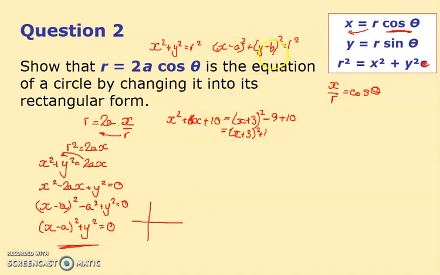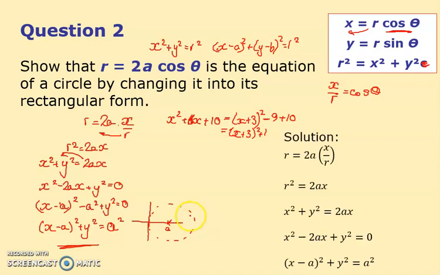It's one of these, but there's no y adjustment. So it's translated a to the right, but it's not translated up and down, so it's on that axis. And it's got a radius of, oh sorry, I wrote that wrong. The a squared moves over and becomes a squared. That's better. And therefore that's why the radius is a. And let's see what the posh answers are. Yes, that's what they've got there as well.